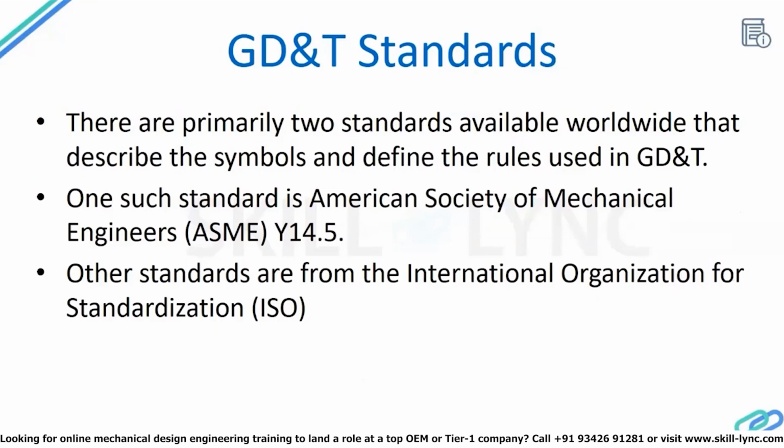Even now, there are many standards available across the world, across the different industries, but two primary standards that are used across the world are ASME and ISO. The ASME stands for American Society of Mechanical Engineers, and ISO stands for International Organization for Standardization.